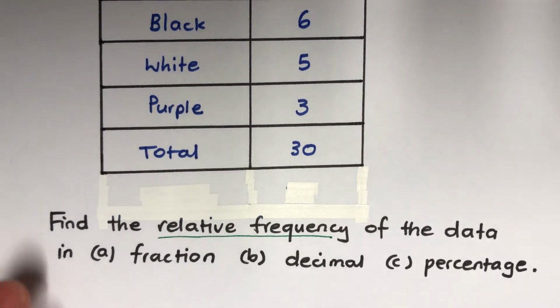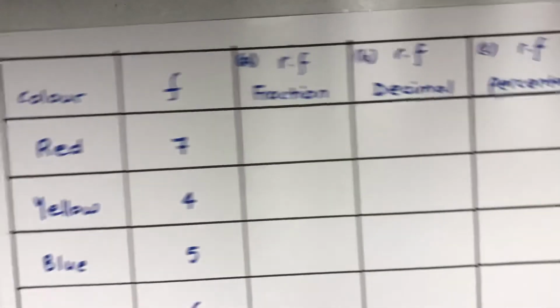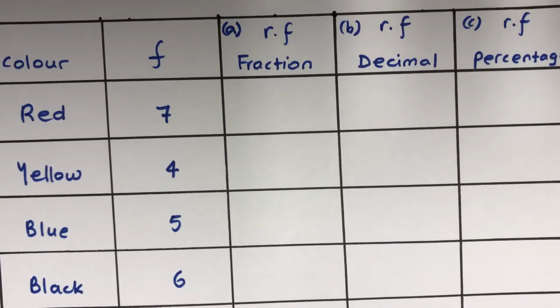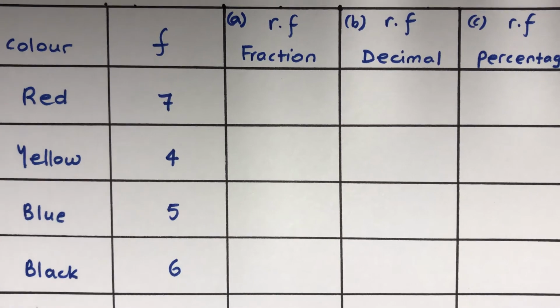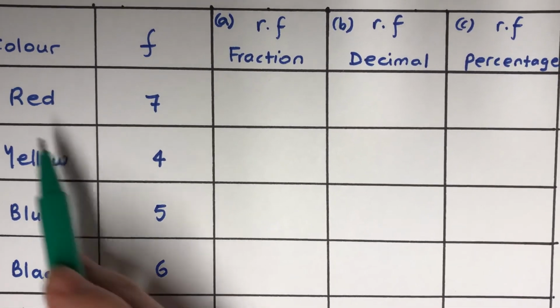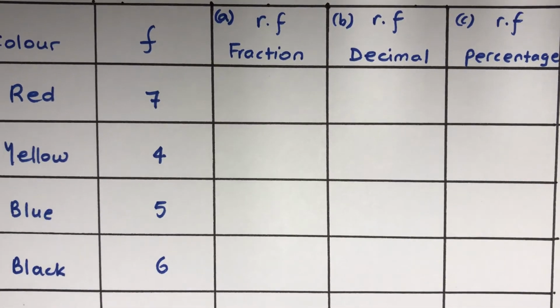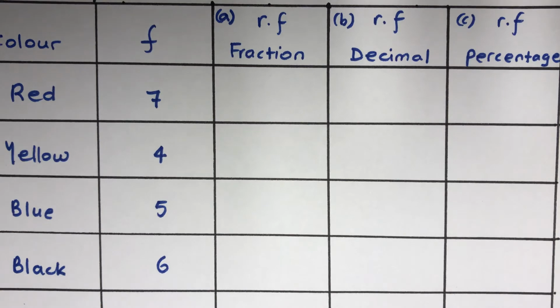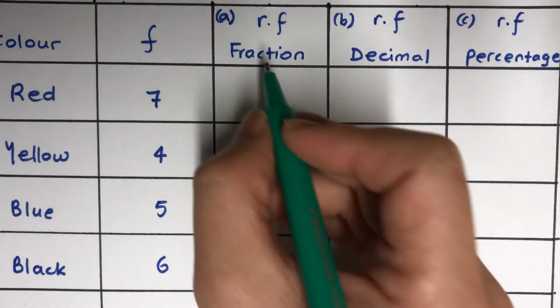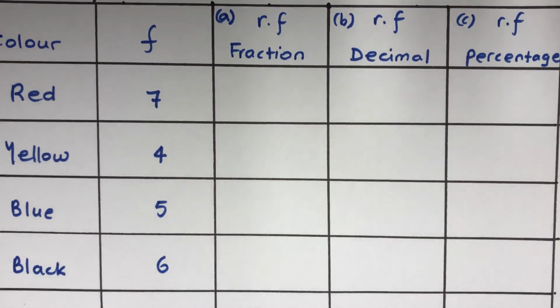Okay, so here we go. Let me see if I can fit in there. I hope it does. Yes, just right. Okay, so color, we got red, yellow, blue, black. I'm going to push up as we go. Now, we know that total frequency is 30. So relative frequency was, what was it?